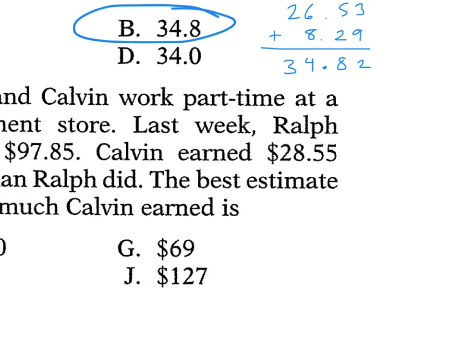So I'm going to round Ralph's amount to the nearest whole dollar, which is 98, and then we would round up Calvin's amount to 29.